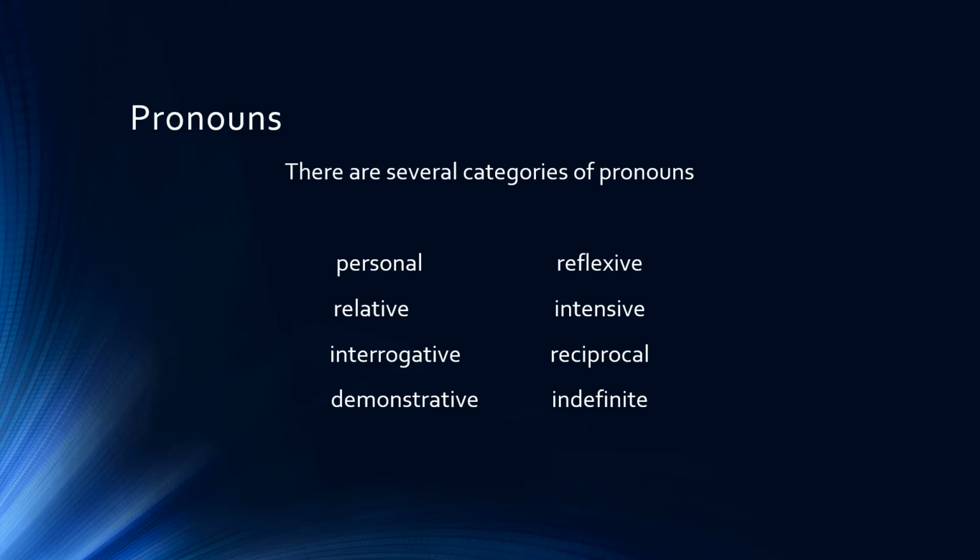It's going to take us quite some time to get through all of these different categories. As a matter of fact, today we're only going to look at the first of those 8 categories, the personal pronouns, and then next week we'll come back and give our attention to the other 7 categories of pronouns.